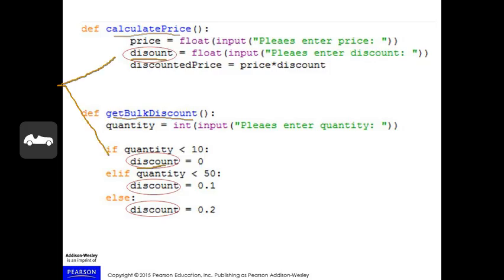They will not interfere with each other, because this discount is only visible inside the calculate price function, and this discount is only visible inside the get bulk discount function. So there will be no problem or confusion between these two variables, although they have the same name, discount.